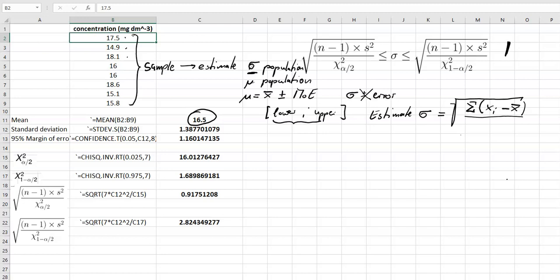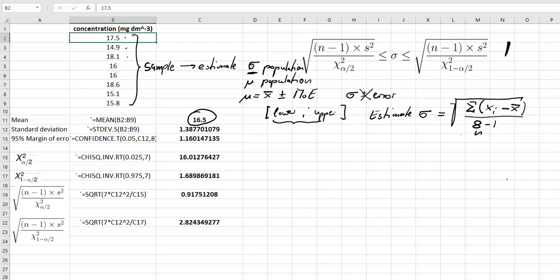So we've got 8 counts here, minus 1, or in general this would be n minus 1. So that is how we calculate the estimated standard deviation of the population.